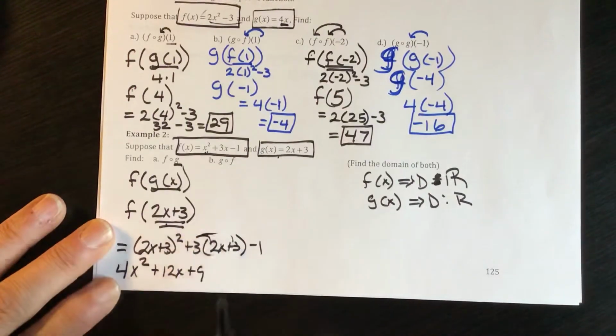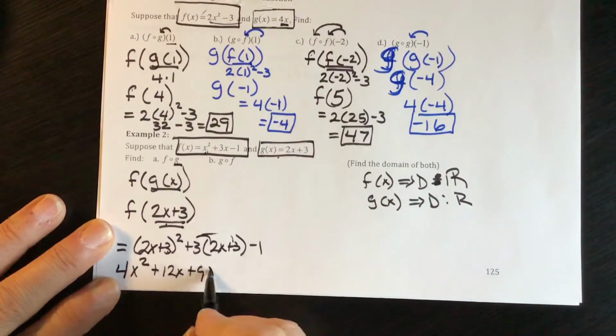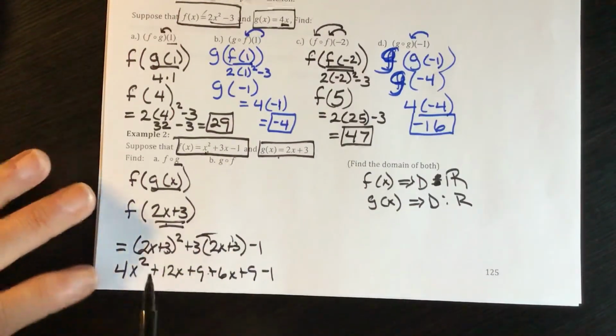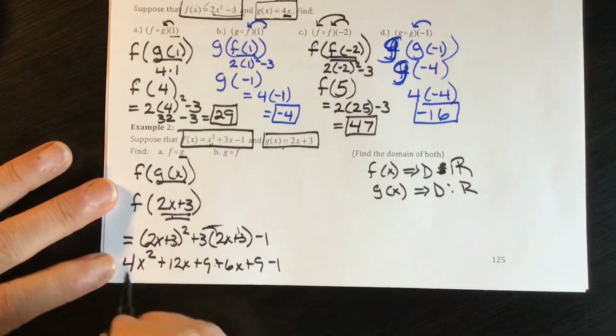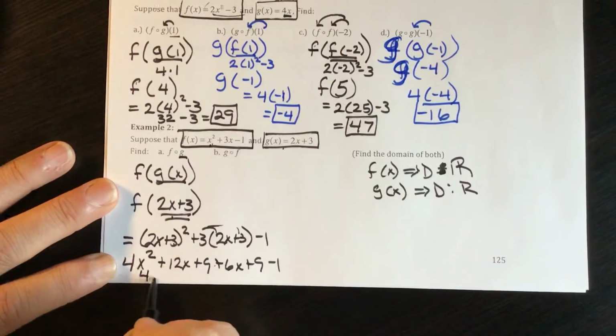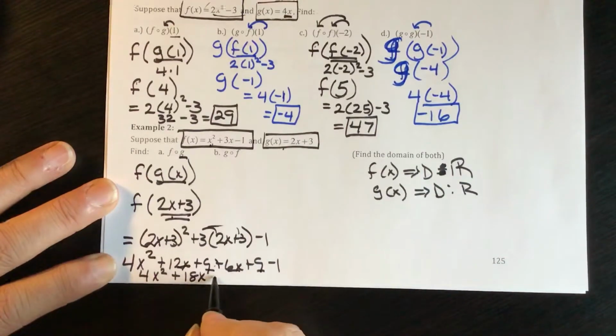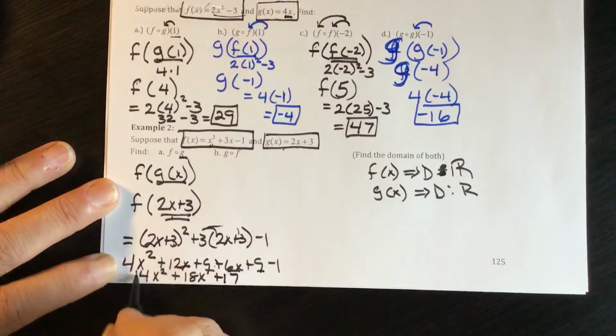And now I'm going to distribute the 3 here, plus 6x plus 9, and then minus 1. So here, I'm running out of room. If I simplify this, I have 4x squared, 12x plus 6x is plus 18x, and then I have 9 plus 9 is 18, minus 1 is 17.